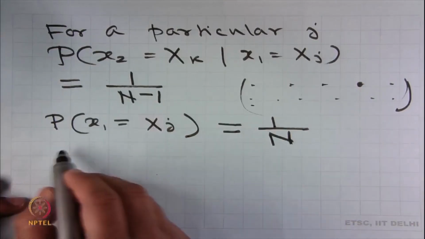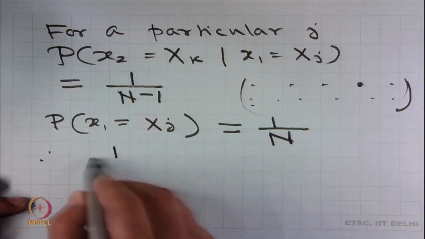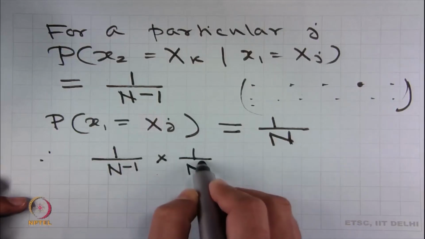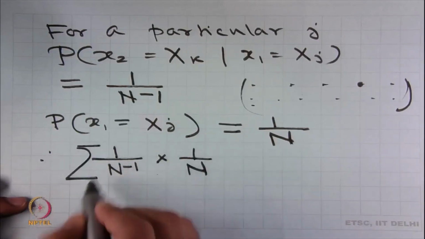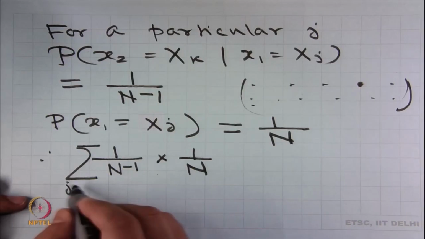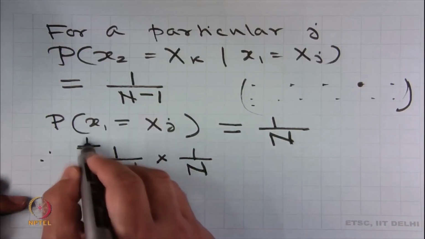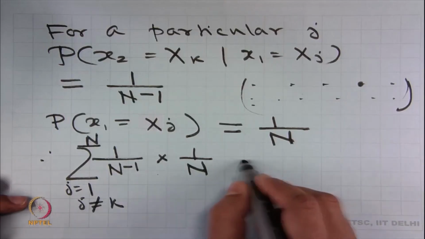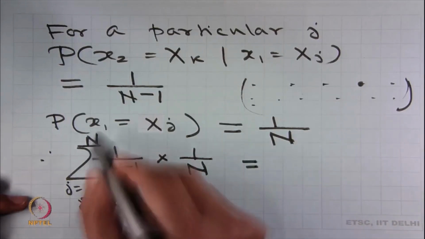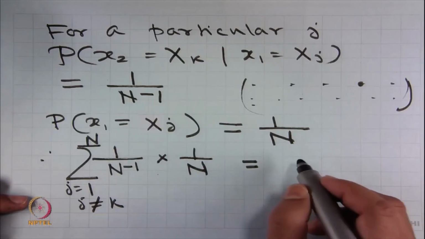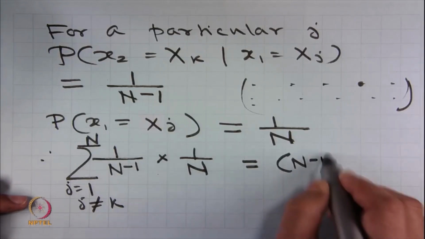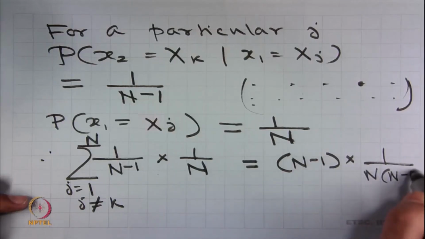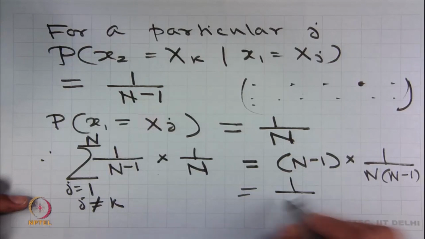Therefore, what we are getting is 1 upon n minus 1 into 1 upon n, and this we are summing over j is equal to 1 to n, j not equal to k. Therefore, actually we are summing it for n minus 1 times. Therefore, it is n minus 1 into 1 upon n into n minus 1, which is equal to 1 upon n.